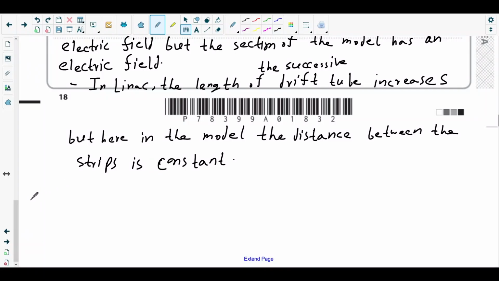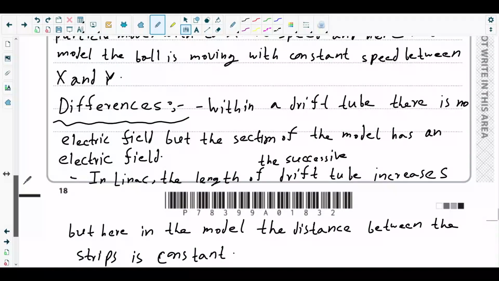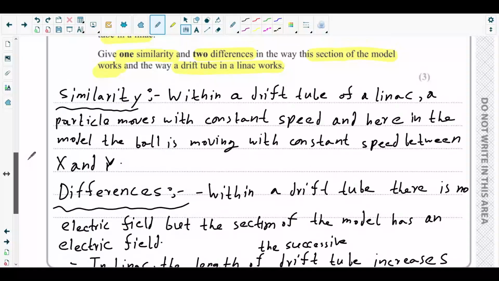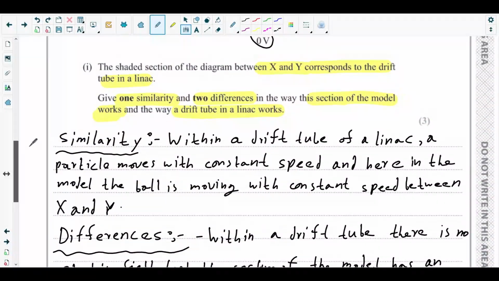Okay, so these are the two differences you can say, and this is the one similarity we can say.